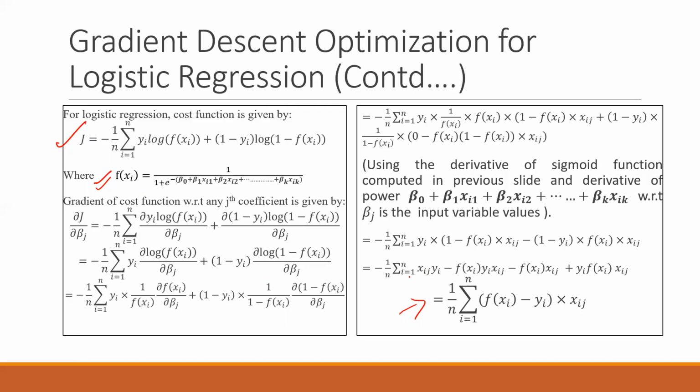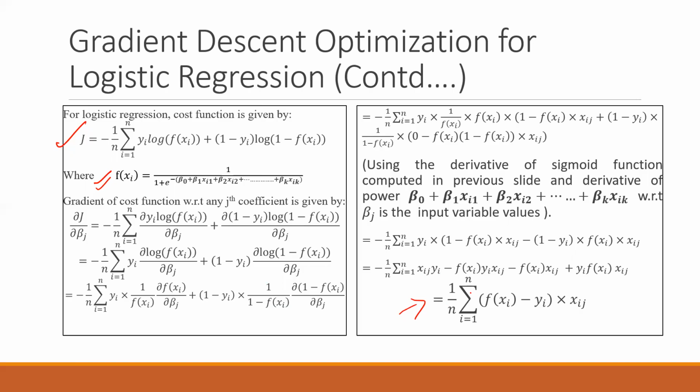We will not go into the details, but you can verify how this has been done. Obviously I will not give you this in the exam to solve all this mathematics, but at least you should know what the gradient descent optimization for logistic regression is, how it looks, and how it can be derived if it is asked outside your university.